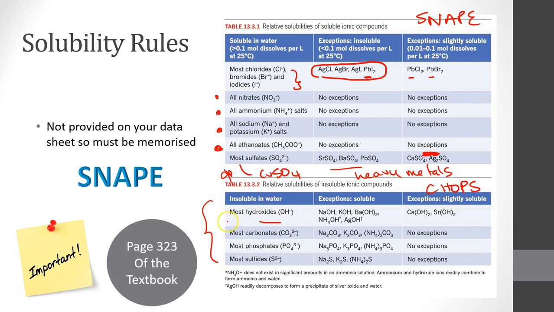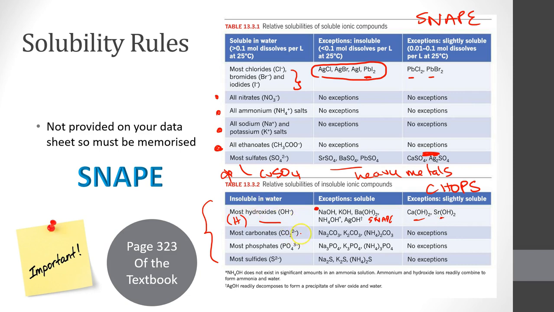Okay, so hydroxides is our H, and that's sodium hydroxides, potassium hydroxides. These ones are all soluble because they come from our SNAP rule. Okay, but in general, the other ones are insoluble, with calcium and strontium being exceptions there.